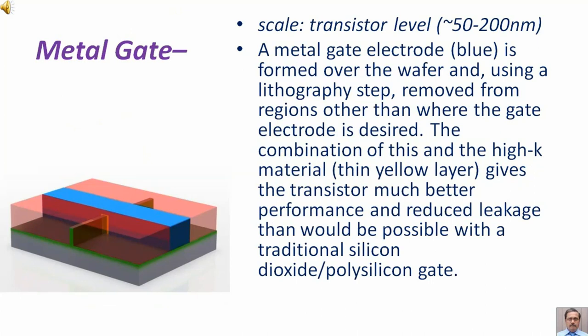The combination of this and the high K material thin yellow layer gives the transistor much better performance and reduced leakage than would be possible with a traditional silicon dioxide oblique polysilicon gate.